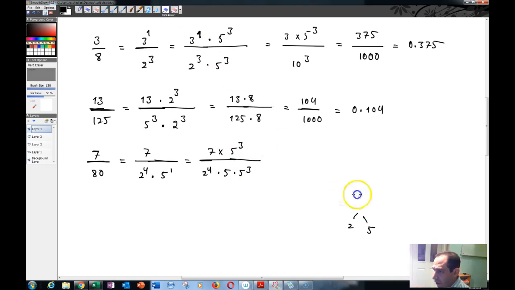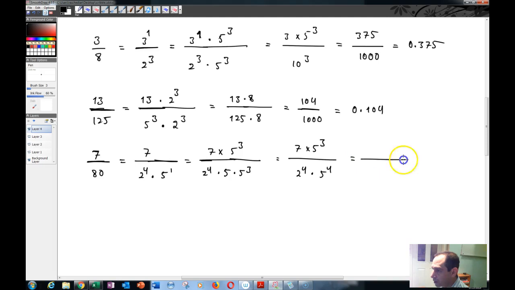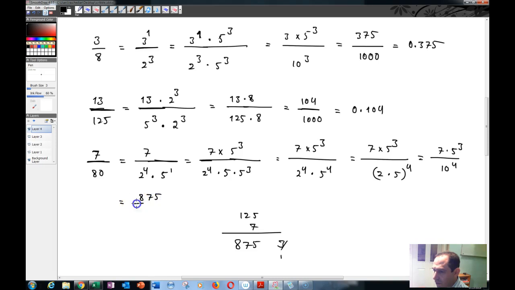Okay, and then I can write this as 7 into 5 cube over 2 raised to the power 4 times, for example, 5 raised to the power 4, and then I can write this as 7 times 5 cube over 2 times 5 whole raised to the power 4, and that's equal to 7 times 5 cube over 10 raised to the power 4, and 125 times 7 is equal to 875 over 10 raised to the power 4, which is equal to 10,000.